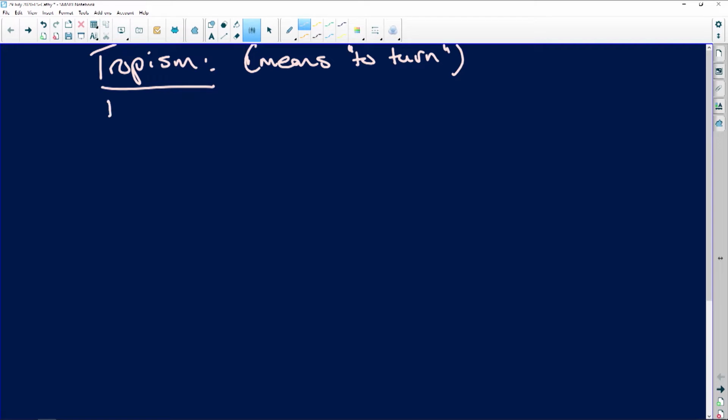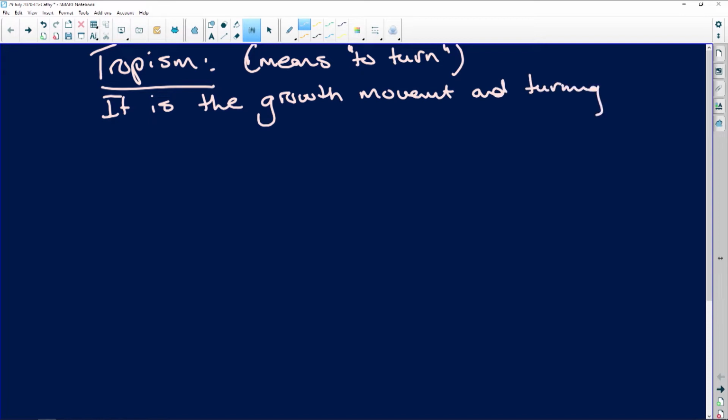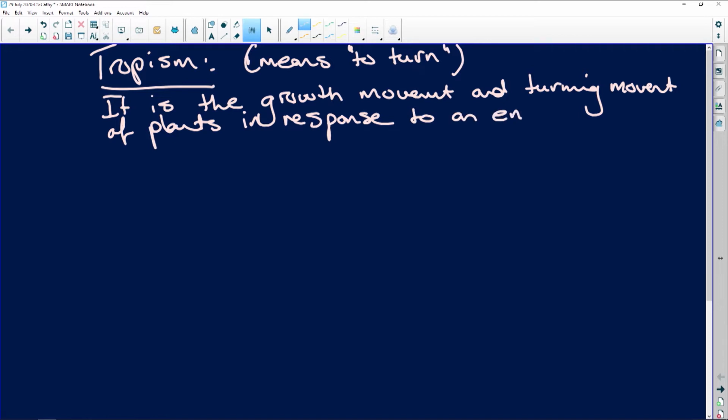So it is the growth movement and turning movement of plants in response to an environmental stimulus.